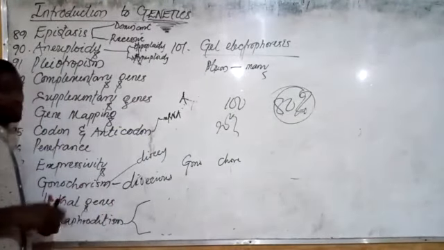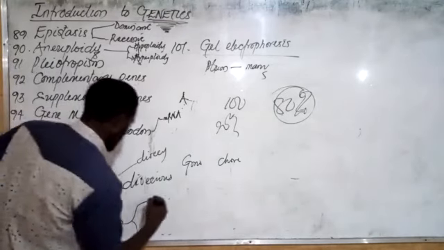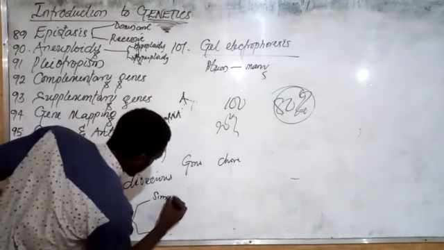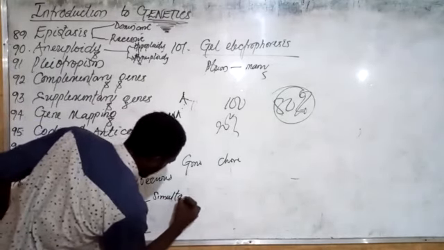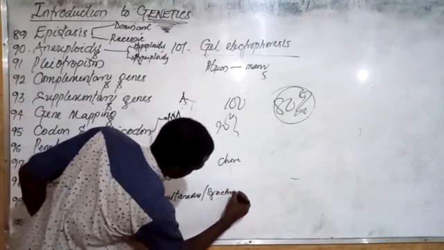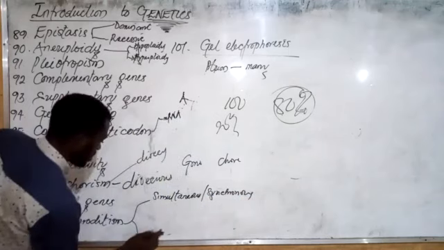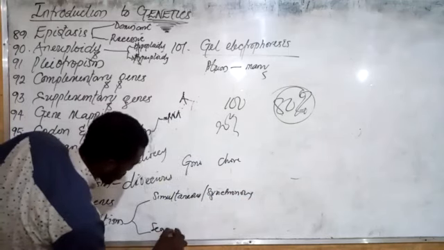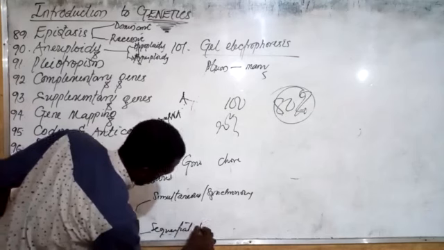Of course, usually we only talk about 2, and that is the simultaneous or synchronous hermaphroditism, and we have the sequential hermaphroditism.